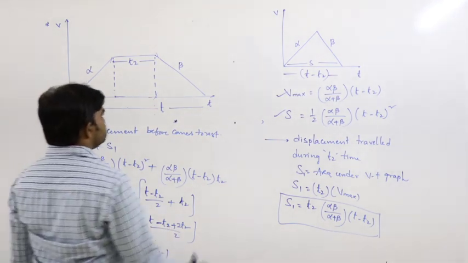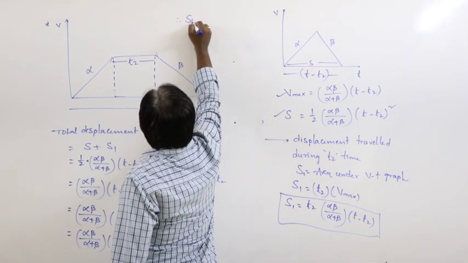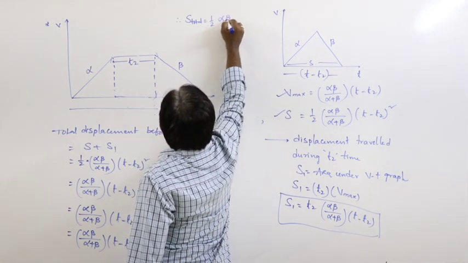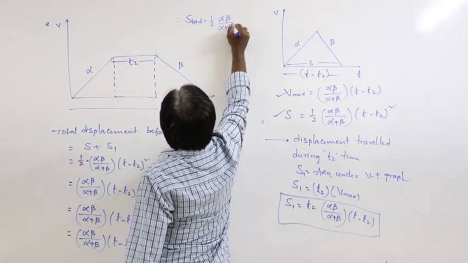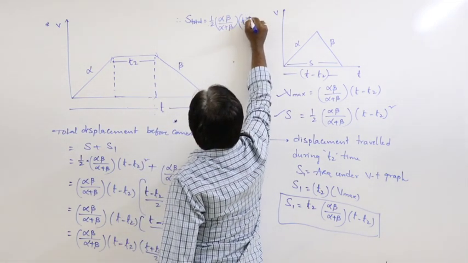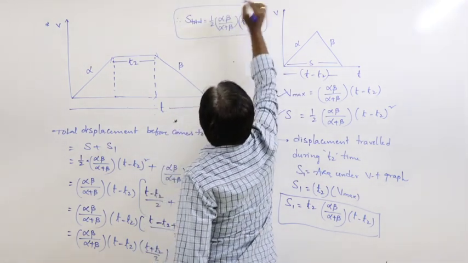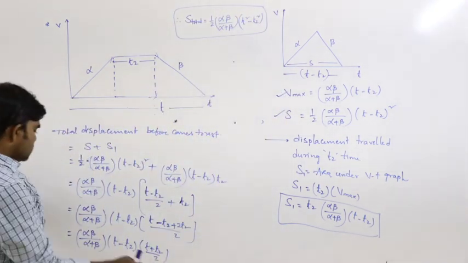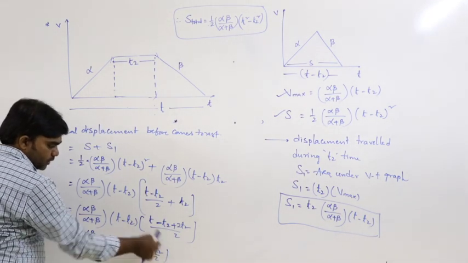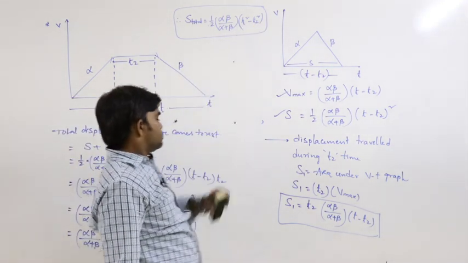So therefore the total displacement can be written as S total equals half into alpha beta by alpha plus beta into T square minus T2 square. See here, a minus b into a plus b is a square minus b square, that is T square minus T2 square.